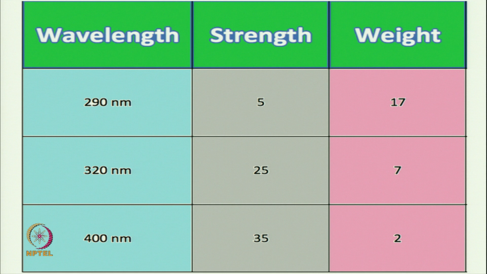And then a third column is added, which is the weightage. Here we see the weightages are just reversed relative to the strength. At 290 nanometer the strength was 5, because that was the proportion reaching the earth after absorption, but the weightage shows the severity on human health or any other matter.